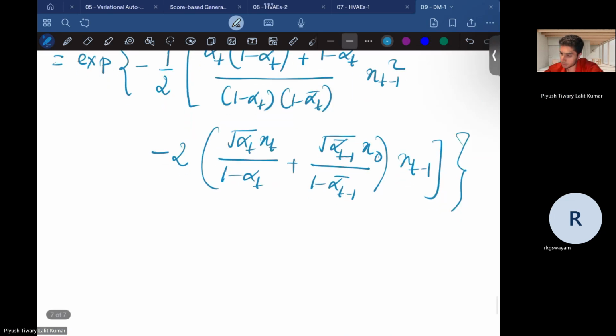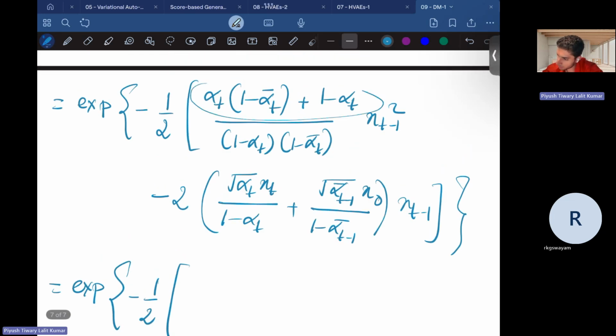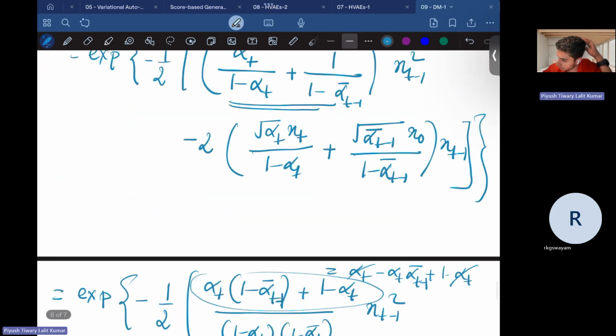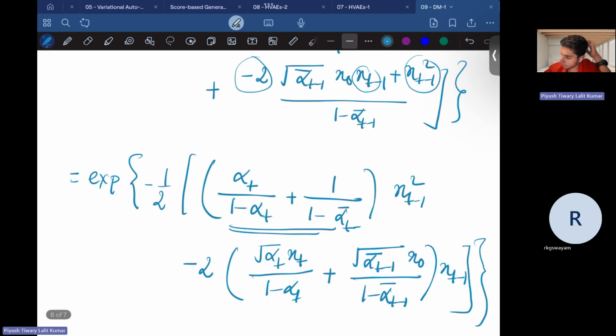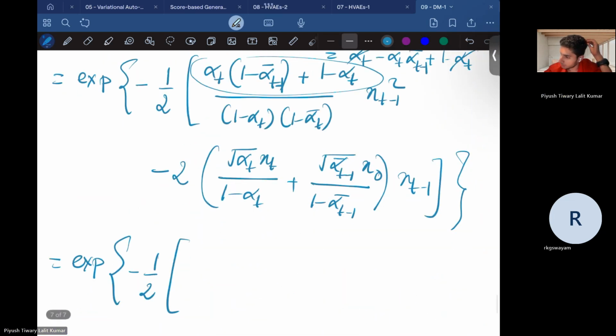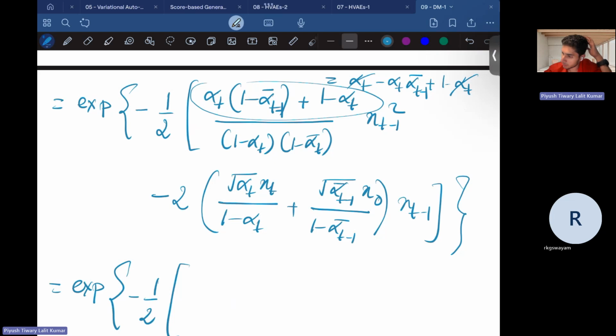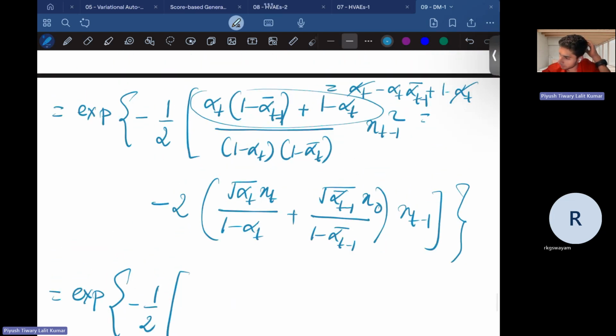Again, just simplifying things. This is equal to exponential of minus 1 by 2 times, and the numerator will become alpha_t minus alpha_t alpha_{t-1} bar plus 1 minus alpha_t. So alpha_t gets cancelled out, and this is equal to 1 minus alpha_t times alpha_{t-1} bar.